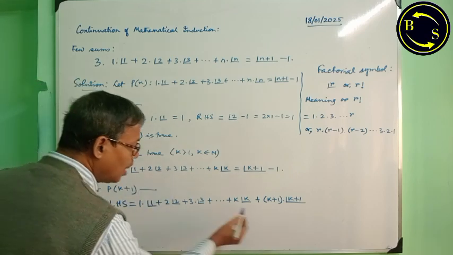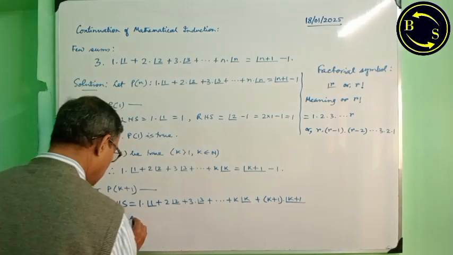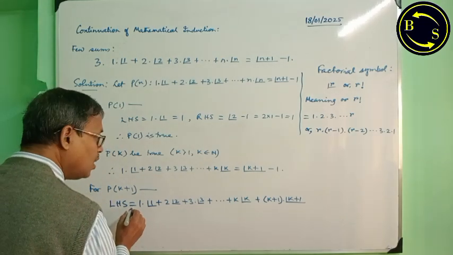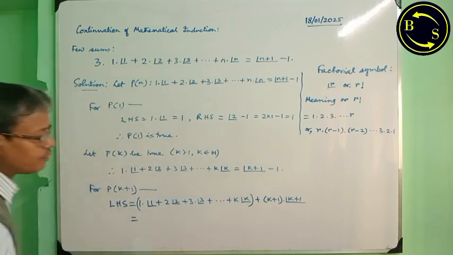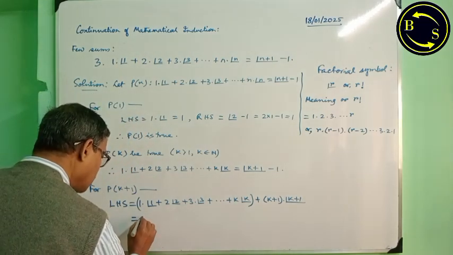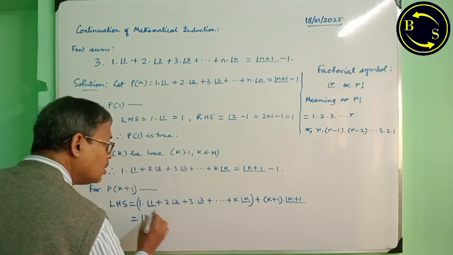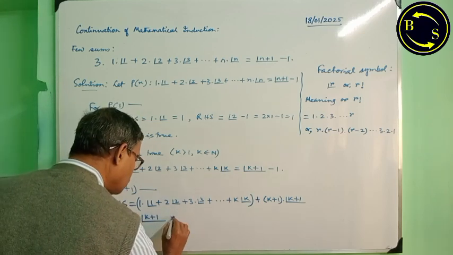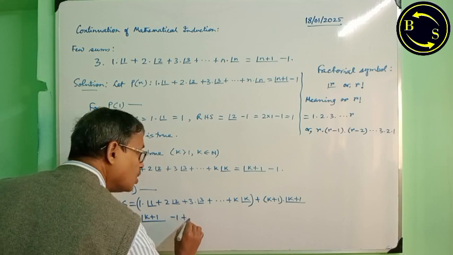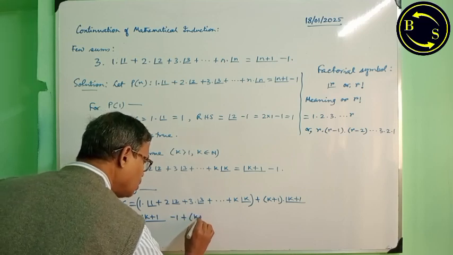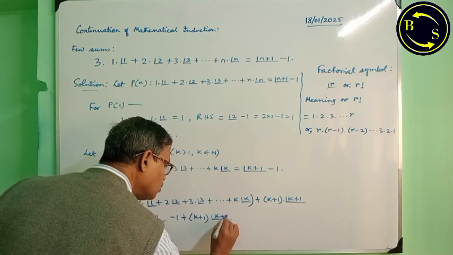Now, up to this we have assumed, you may put brackets also like this, this will be factorial k plus 1 minus 1 plus k plus 1 factorial k plus 1.